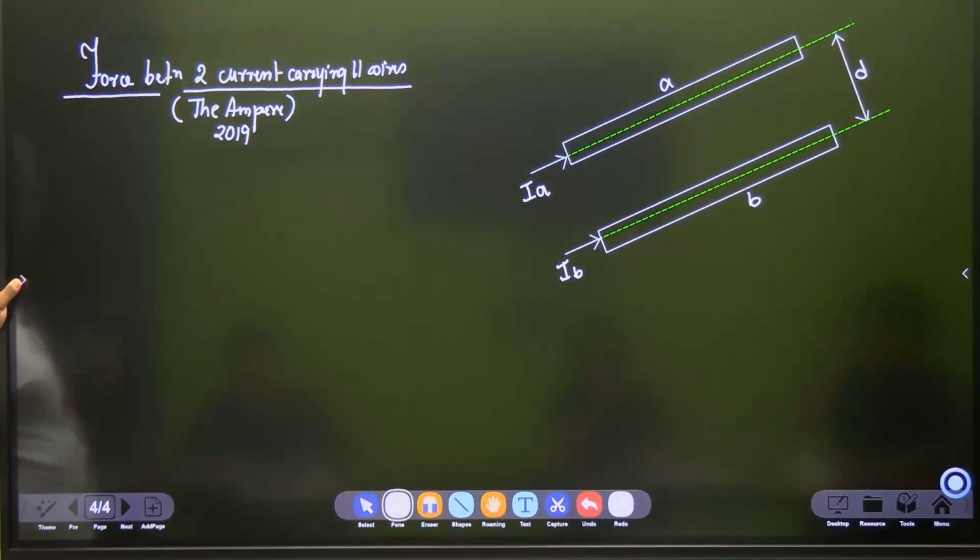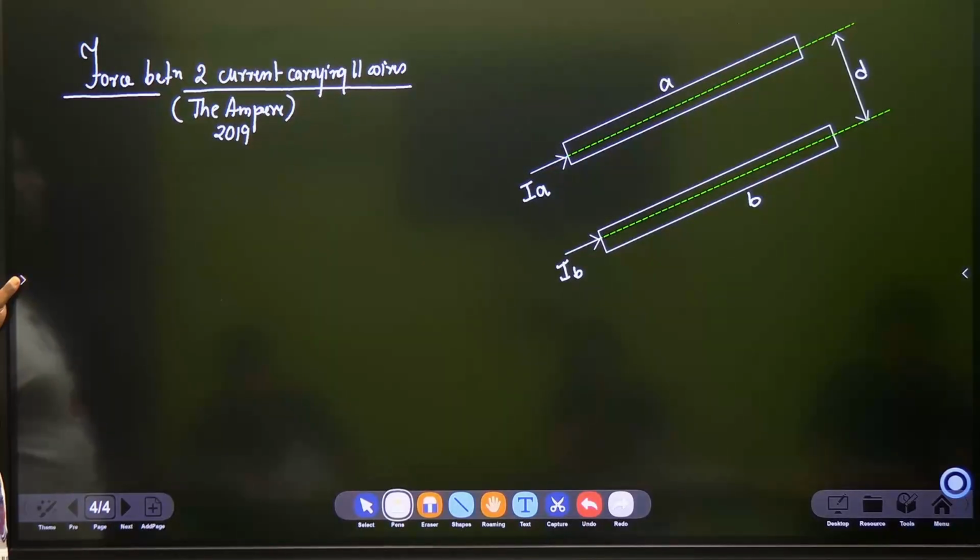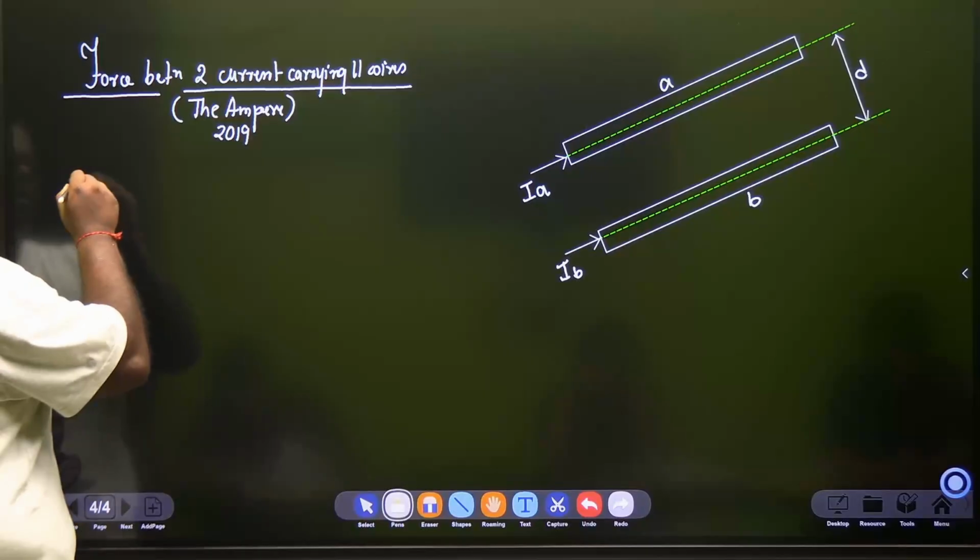Two current carrying parallel wires, separated by a distance D. One wire is A, one wire is B. Current flowing through A is called IA, current flowing through B is called IB. Clear? Now, first thing, point number one.